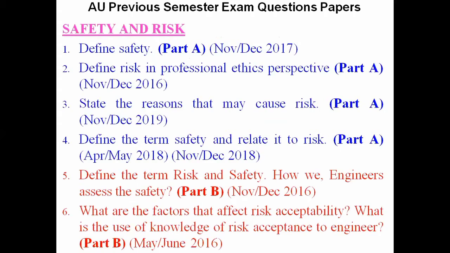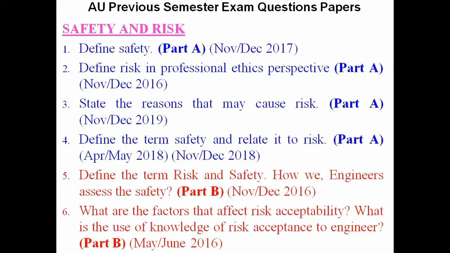Under the topic safety and risk in Unit 4, the questions that were asked in the previous semester university examinations are listed out here. You can see that Part A and Part B questions have been asked from this topic.